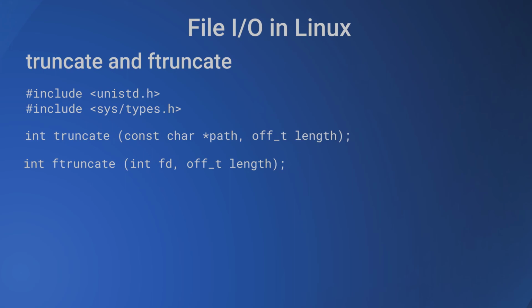If the resulting file length is less than the initial length, extra data is lost. If the resulting length is more than the initial length, null bytes are added to the file. The file offset is not changed. On success, 0 is returned, and if there is an error, -1 is returned and errno is set to the error code.